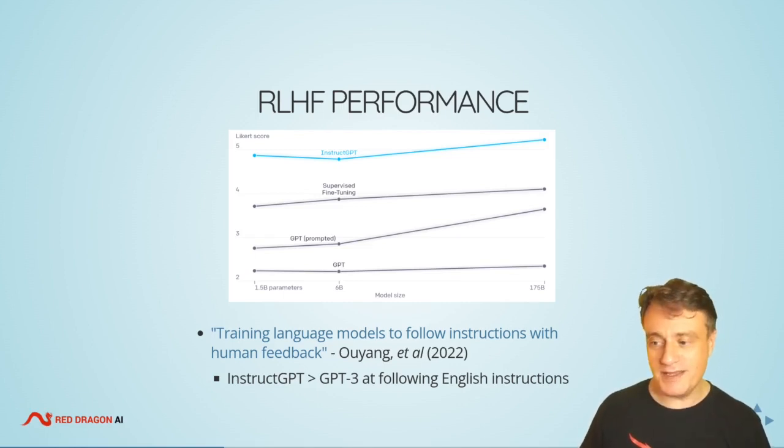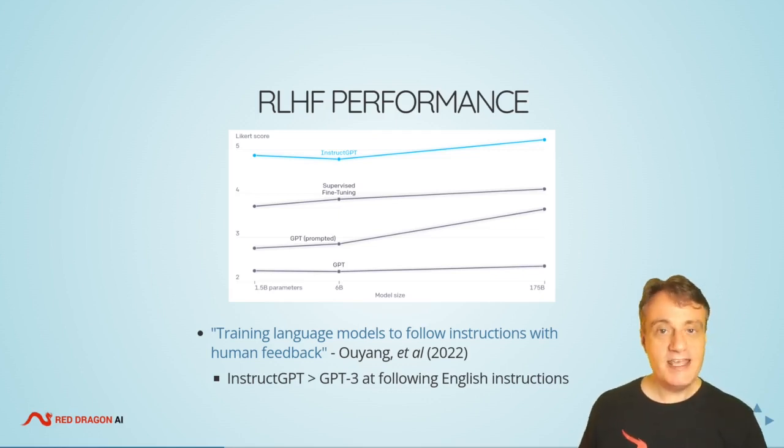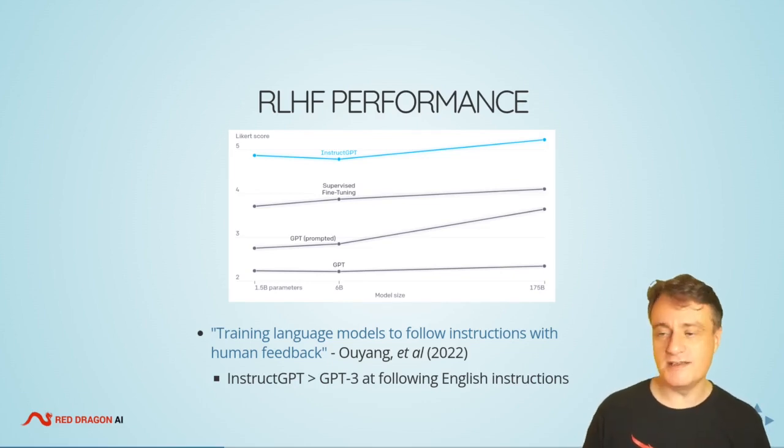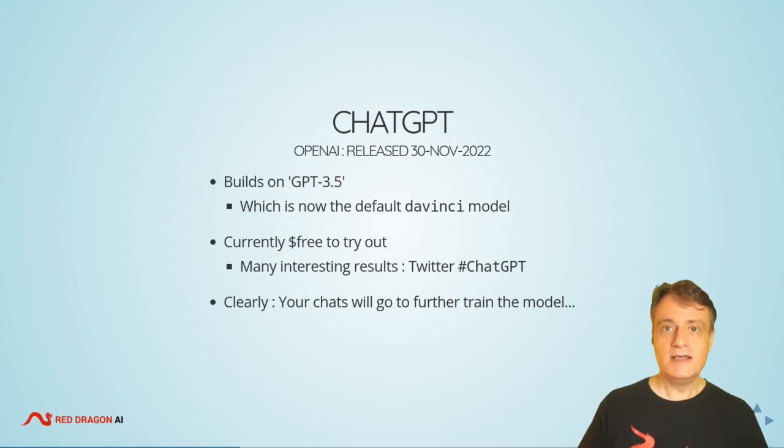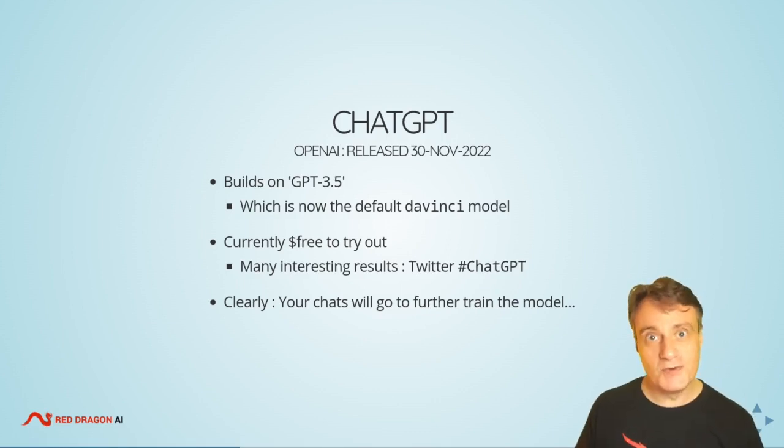So the references to the papers are all here. Basically, even with a small model, these instruct models, so a small version of InstructGPT, will be better than the huge model without this kind of guidance. So what happened in the last few days is that ChatGPT was released, which was built on what's called GPT 3.5, which was kind of also news to the community, which has now become the default Da Vinci model.